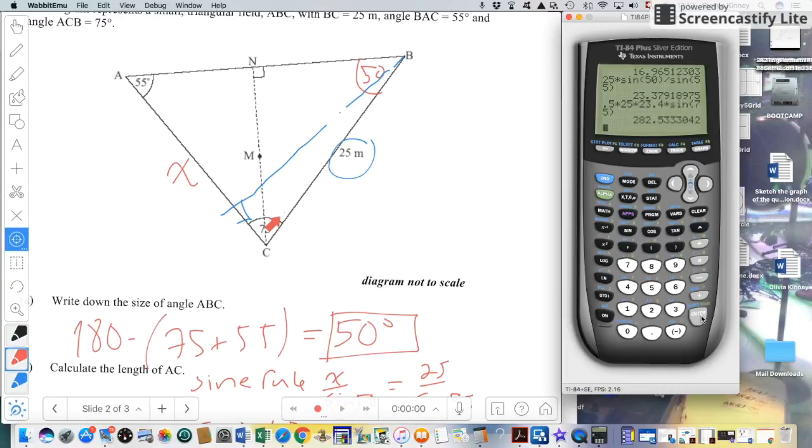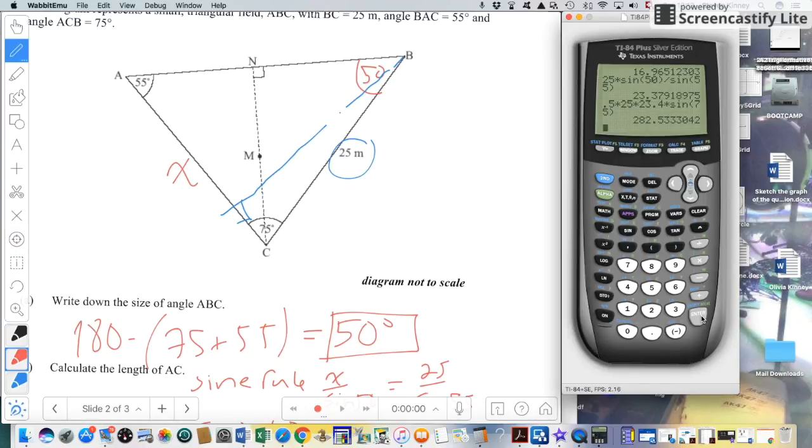So we have a couple of choices here. And actually, I'm going to use right-angled trigonometry to find that. So this is the more accurate side. So this is the hypotenuse. This is opposite 50 degrees. So the length of this side over 25 is equal to the sine of 50.